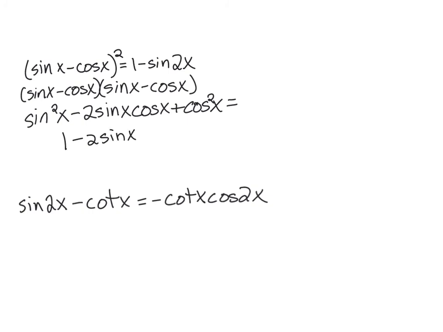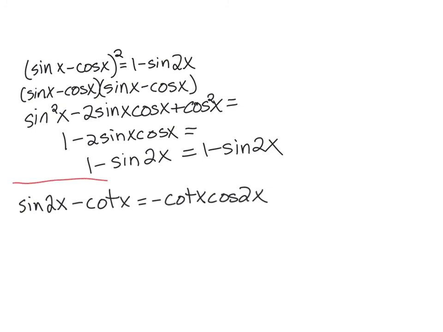And 2 sine x cosine x, that's a double angle formula for the sine. 1 minus the sine of the double angle. Now I knew I was going to need to find that because in the original problem I had a different angle, all right? So pay attention to what you're looking for. Be fearless and creative, right?